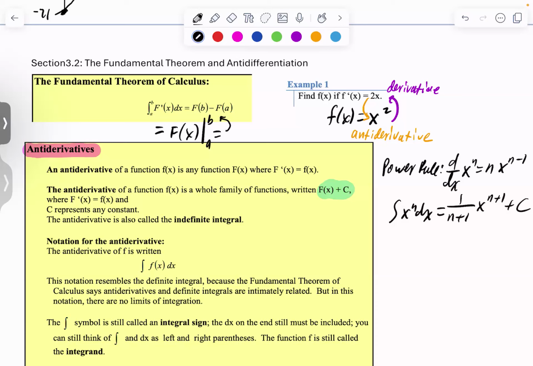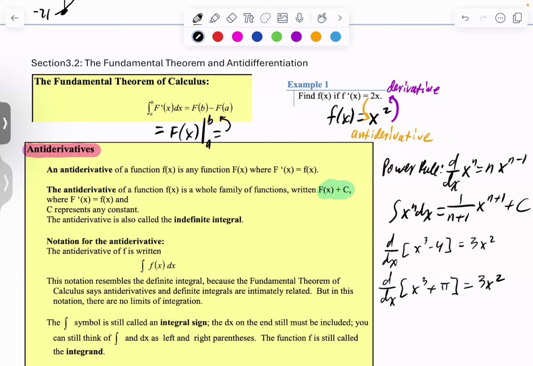the reason is if I take the derivative of x to the third minus 4, that is 3x squared. If I take the derivative of x to the third plus pi, that's still 3x squared.